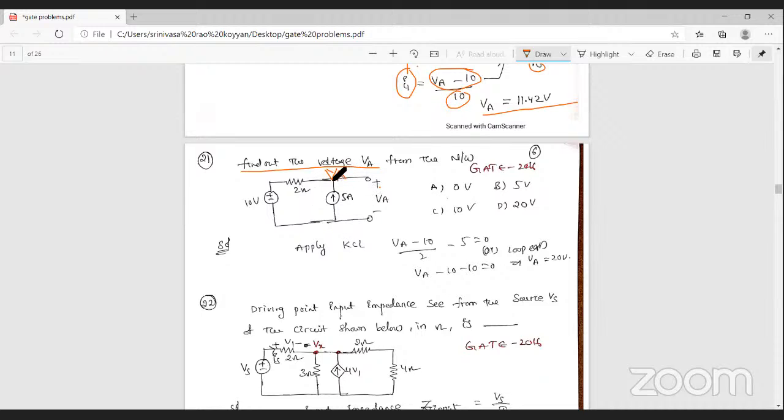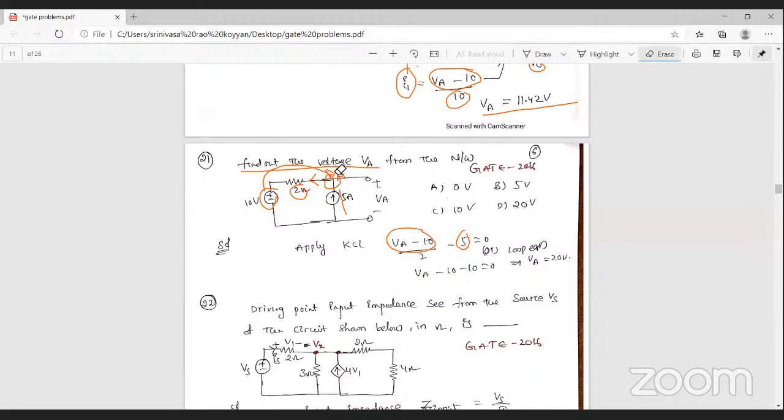Then you can apply nodal analysis. Let's assume the current is leaving. VA minus 10 divided by the resistance, which is 2. But here the current is also entering, so minus 5 is equal to 0.